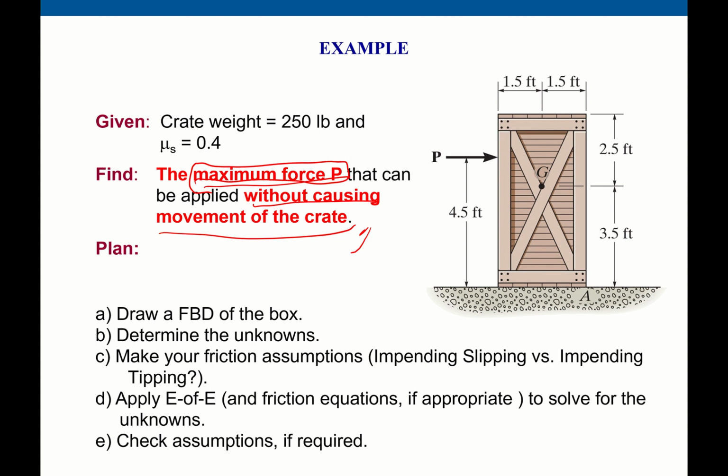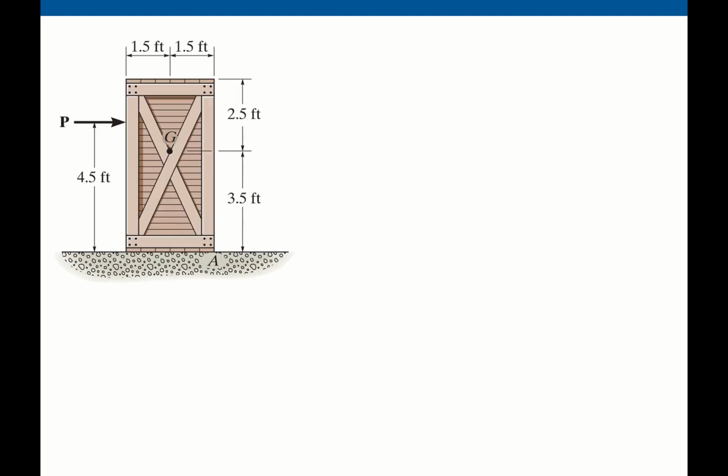First, let's assume that this one will slip. Slipping means our frictional force should be equal to mu s times the normal force, and the horizontal distance should be less than b over 2.